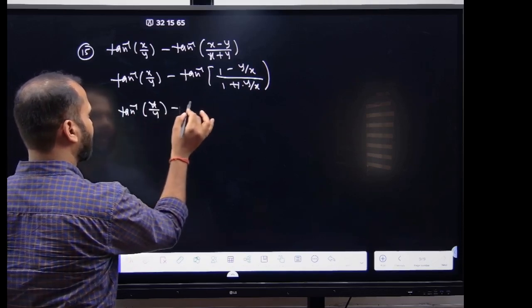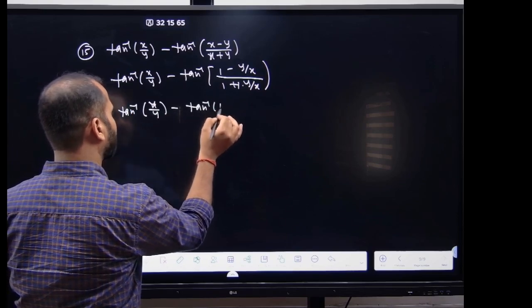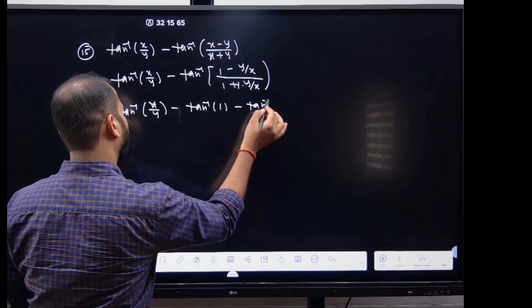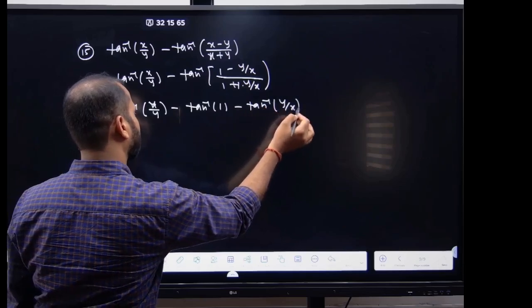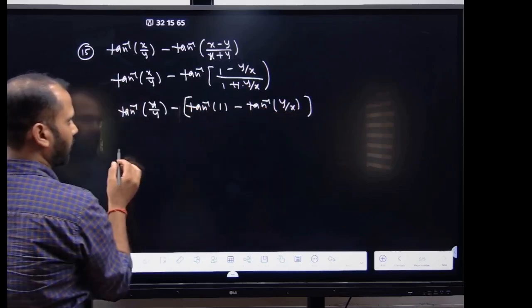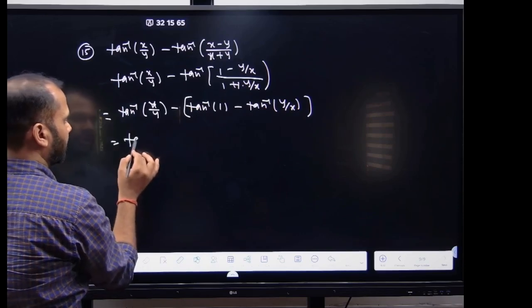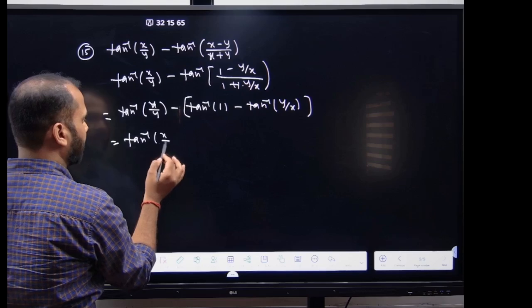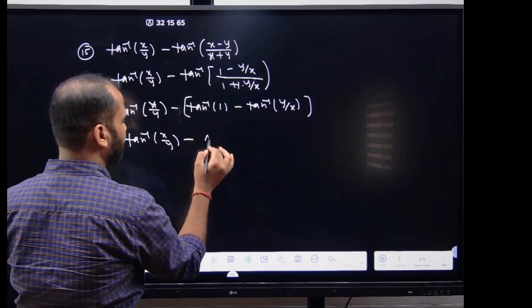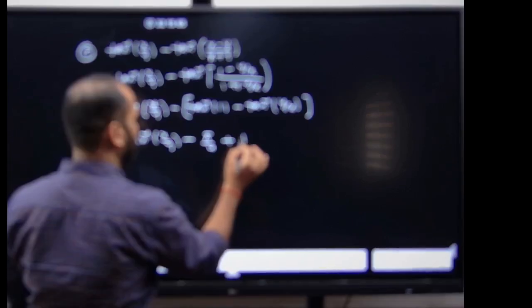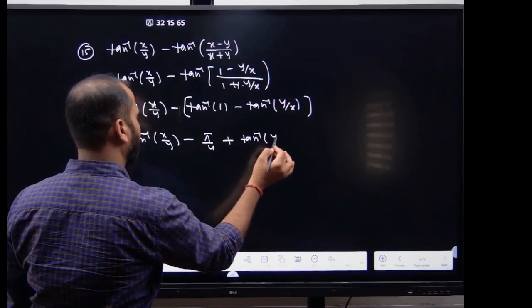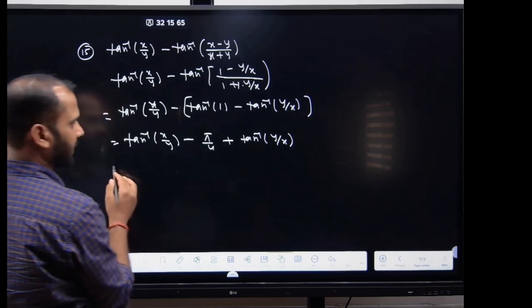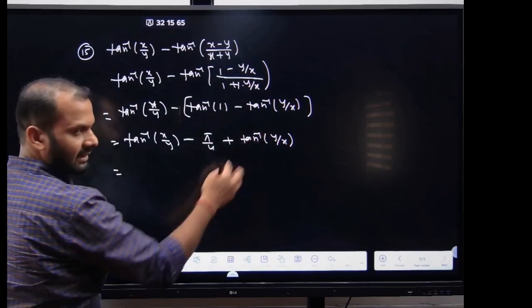If you have minus, then it will be tan inverse of 1 minus tan inverse of y by x. Yes or no? If I solve, this will be tan inverse x by y minus, this is nothing but pi by 4 and this is tan inverse of y by x. Correct? So, again I can convert in terms of that.